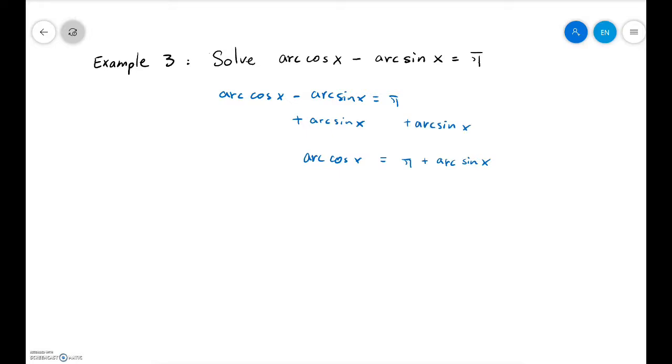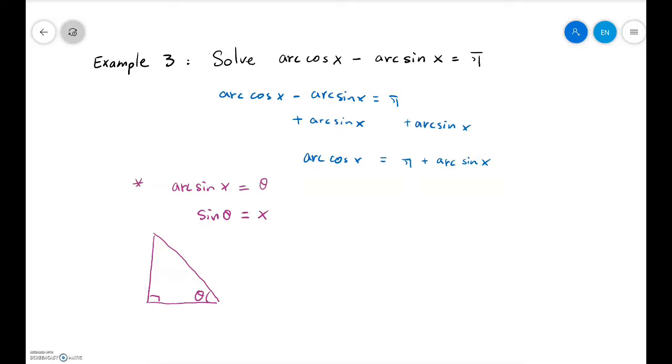Then, using the definition of inverse function, I can rewrite arc sine of x as an angle theta. From it, I can see that sine of theta equals x. Continuing from that point, I can draw a right triangle with angle theta.